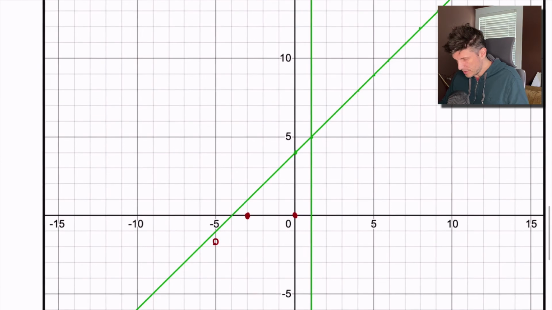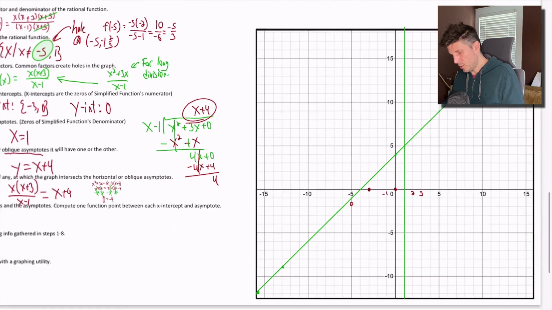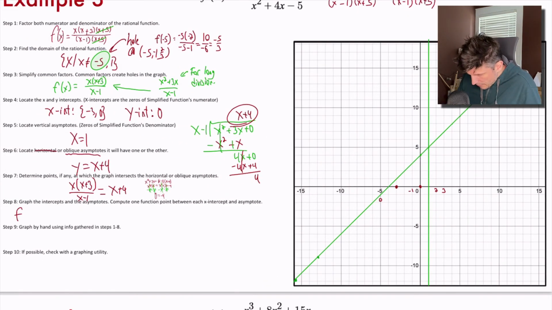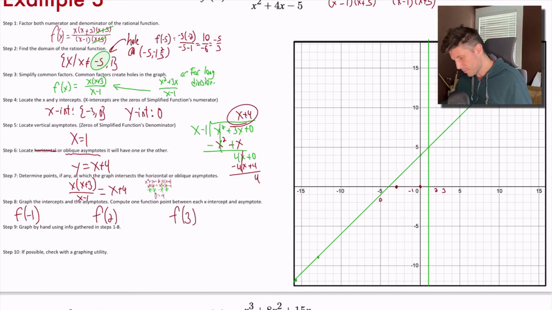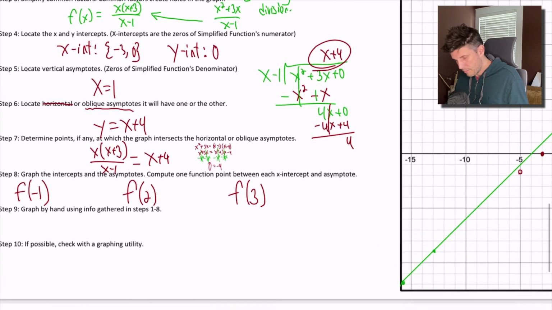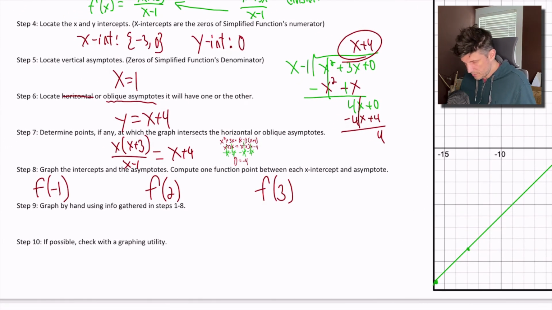So I would vote that we plot a point at -1. Let's plug in -1, 2, and 3. So I'd like to do f of -1, f of 2, and f of 3, and then plot those points just so we have a couple extra frames of reference, so to speak.